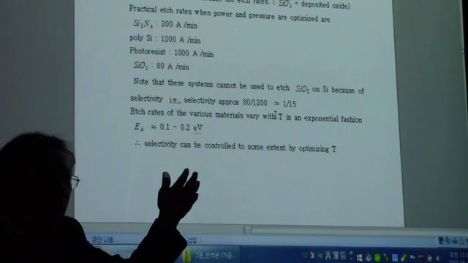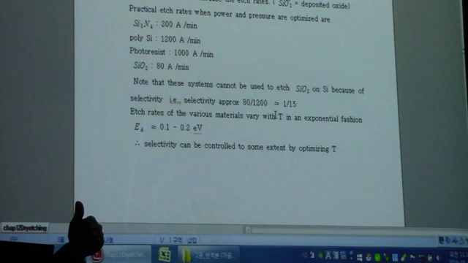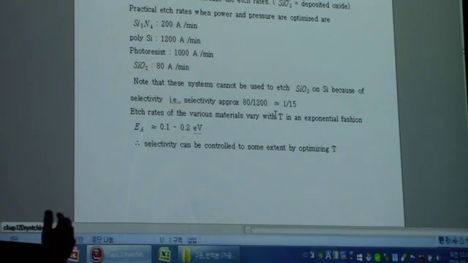Because even after we complete the etch of the silicon oxide, the plasma is going to continue etching the silicon, but the etch rate of silicon is very much slower. If it is much slower than the silicon oxide, then we'll have some safety margin. We don't have to worry too much.